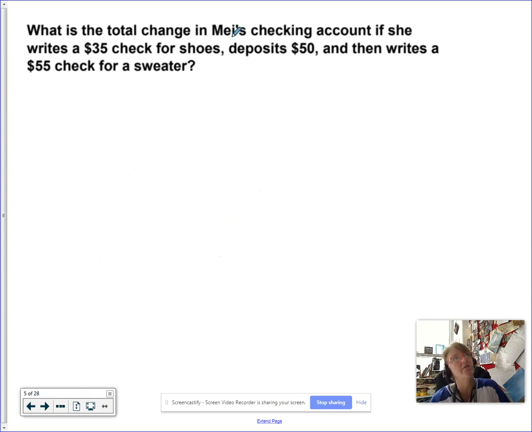What is the total change in May's checking account if she writes a $35 check for shoes? Okay, hang on. If you write a check, you're spending money. That means you are decreasing your account. And then we're going to deposit. Deposit means add. We're going to add 50.